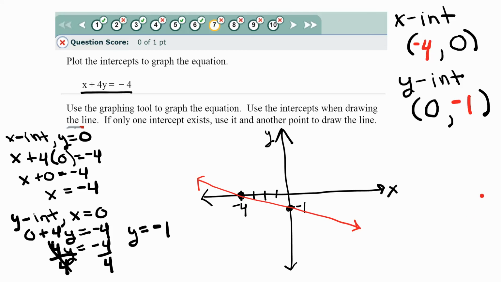We did that knowing that at the point where it crosses the x-axis, y equals 0, and where it crosses the y-axis, x equals 0. Plugging those zeros into the formula, we were able to find the other variable and plot that.